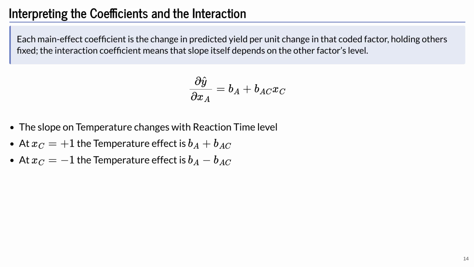At XC equals -1, reaction time at its low level, the temperature slope is BA minus BAC. If BAC is large, those two slopes can be very different. That is the essence of an interaction. The effect of one factor depends on the level of another. You cannot read temperature's main effect in isolation and expect it to hold across all levels of reaction time. The interaction coefficient quantifies exactly how much the slope changes.